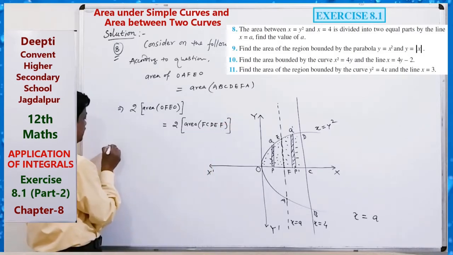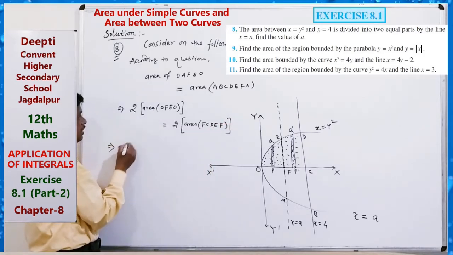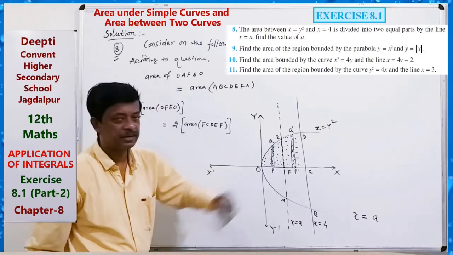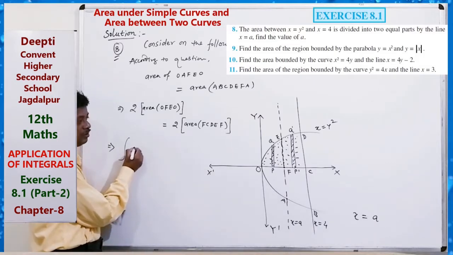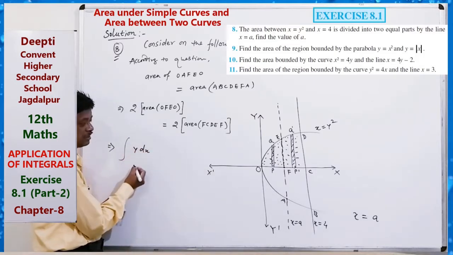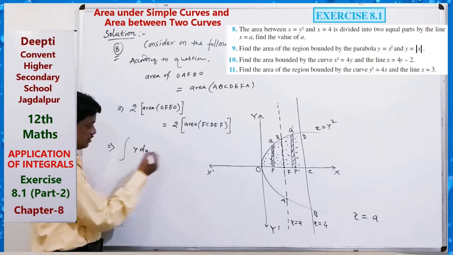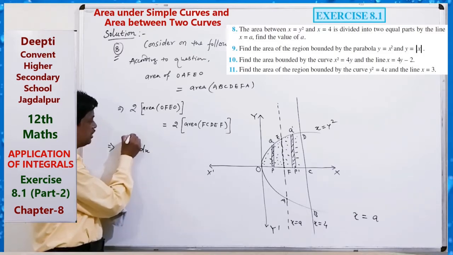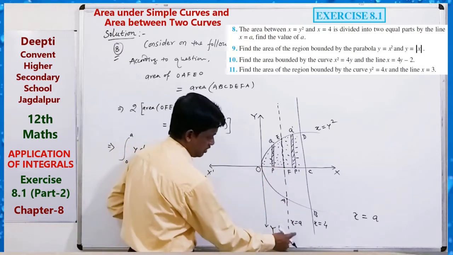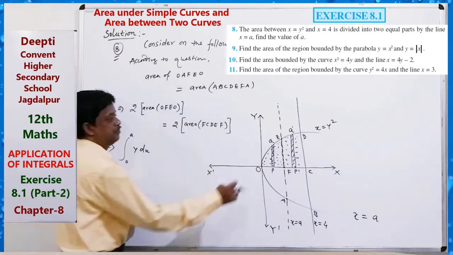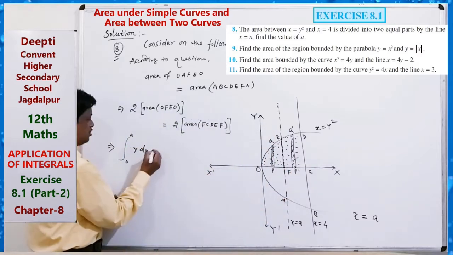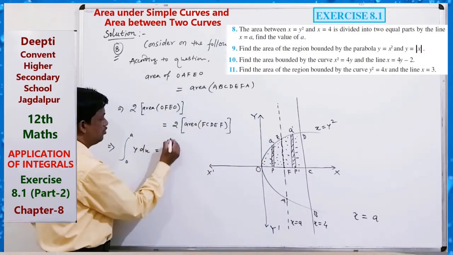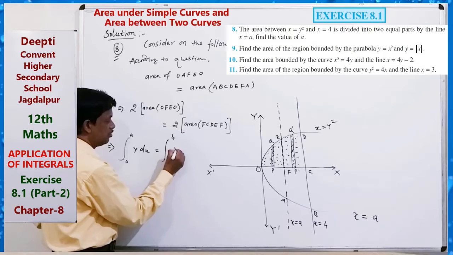The 2 cancels. What is the area of this part? Using the y dx formula, y dx from 0 to a equals y dx from a to 4.